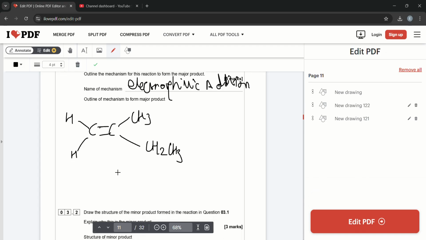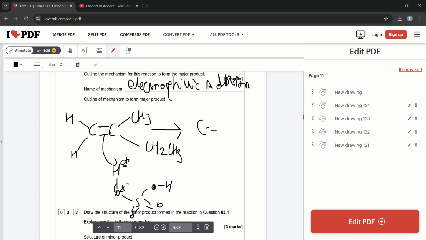And what happens is the concentrated sulfuric acid, H partially positive, oxygen partially negative, S double bond O, OH. From the double bond to the hydrogen, then from the middle of the O-H bond to the oxygen.